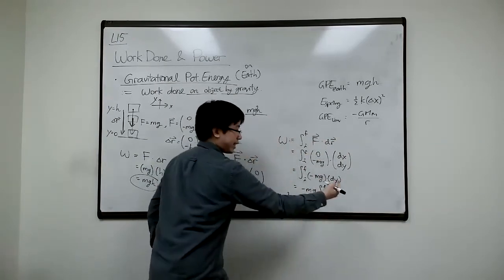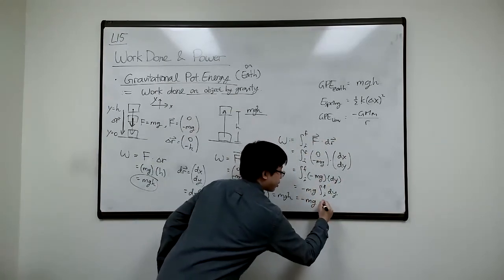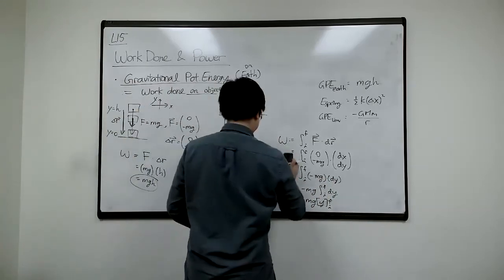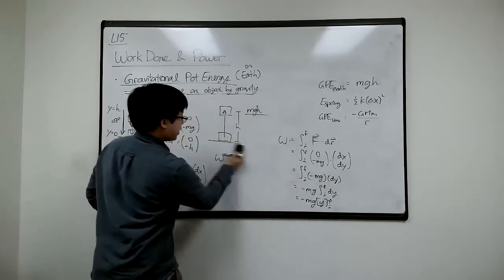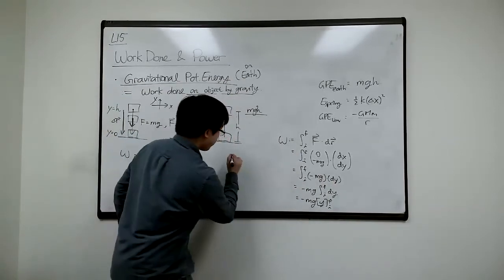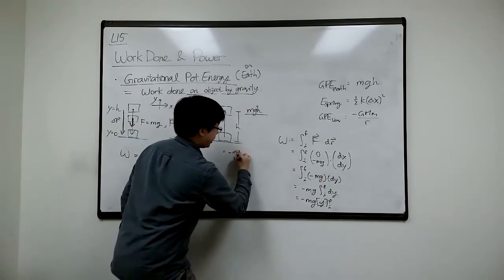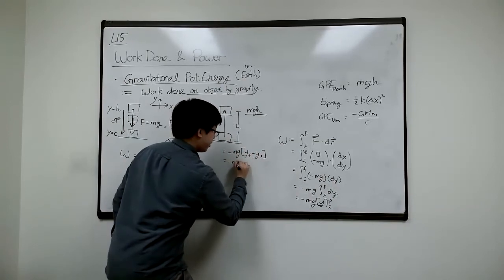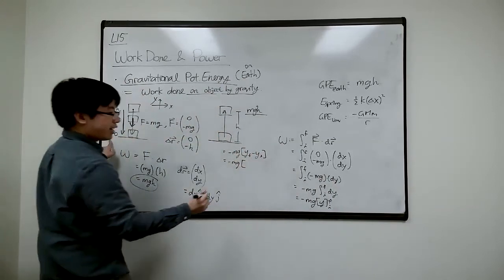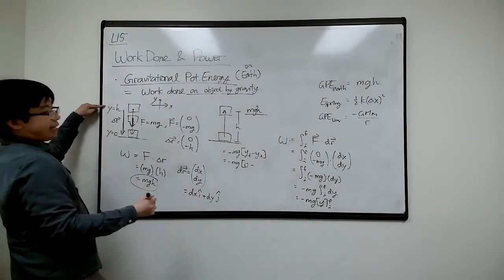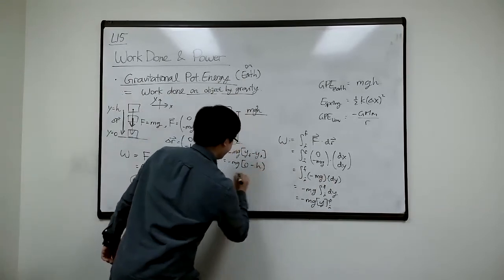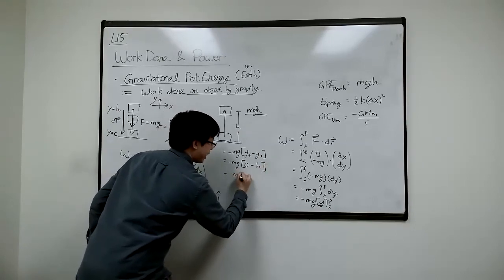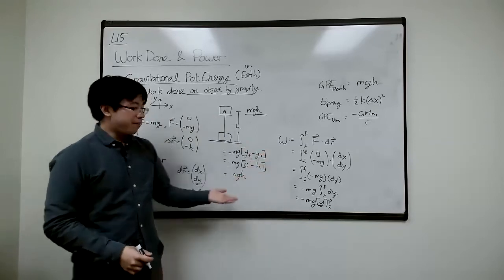What's the integral of dy? That's y, but I need to put in initial and final. So we have minus mg times (y final minus y initial). What's y final? y final is 0. What's y initial? y initial is the height, so y initial is h. So I have minus mg times minus h. It's mgh. As you can see, drastically overkill, but it gives you the same thing.